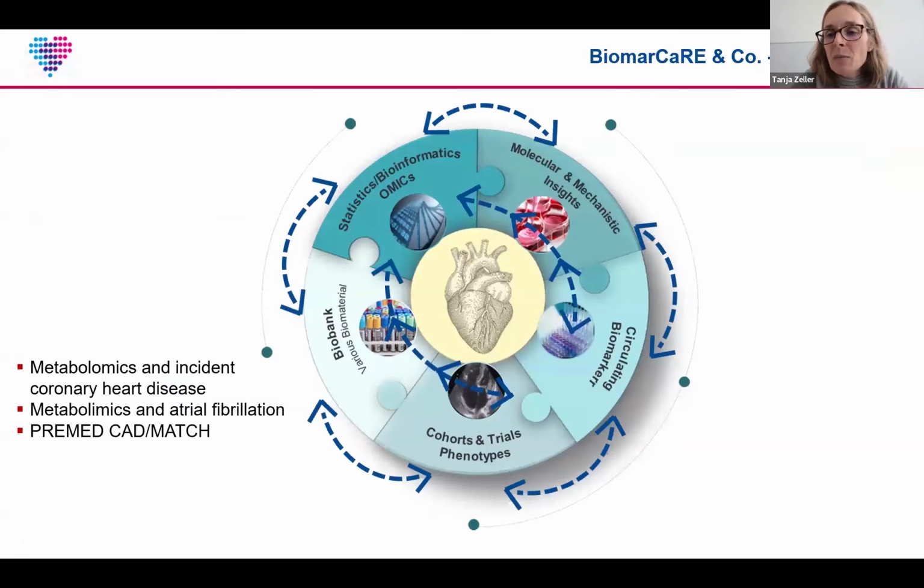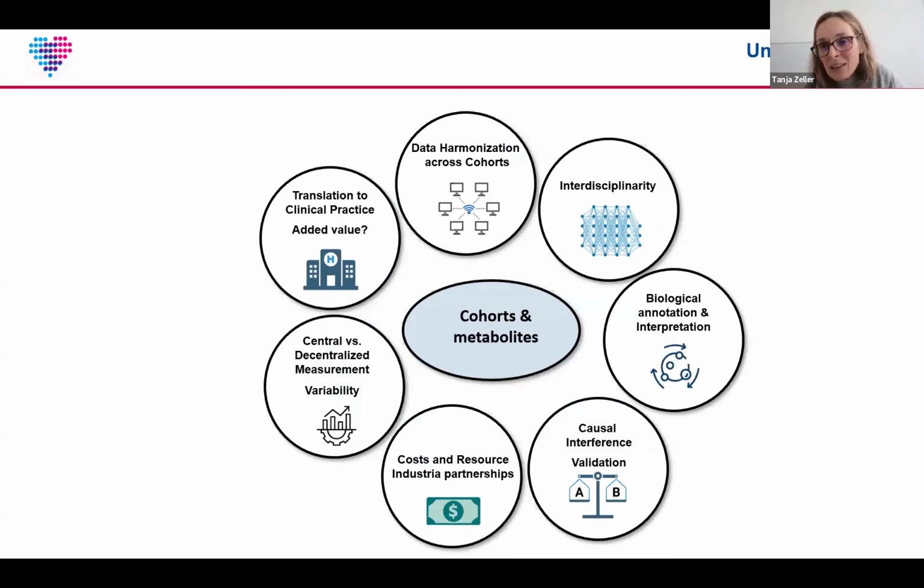And by that, I'm already at the end. I think I showed you some examples of my, let's say, translational circle. But in the end, to unlock all these insights, there are, of course, a lot of challenges. Let me just briefly say what I found is most relevant.